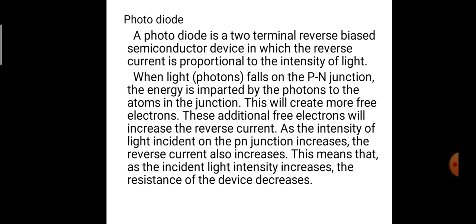This will create more free electrons. These additional free electrons will increase the reverse current. As the intensity of light incident on the p-n junction increases, the reverse current also increases. This means that as the incident light intensity increases, the resistance of the device decreases.